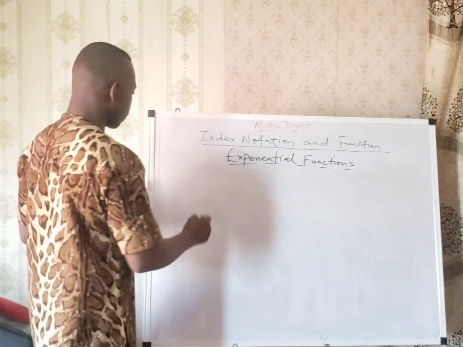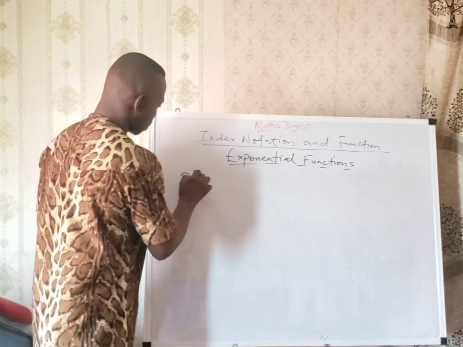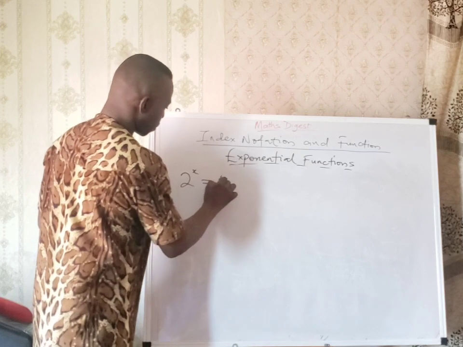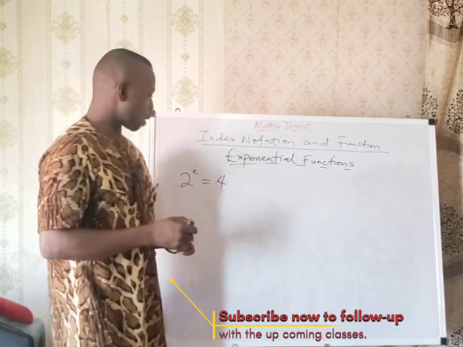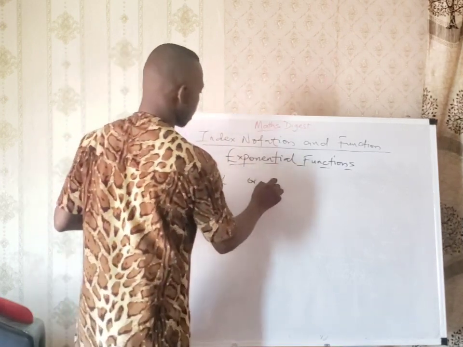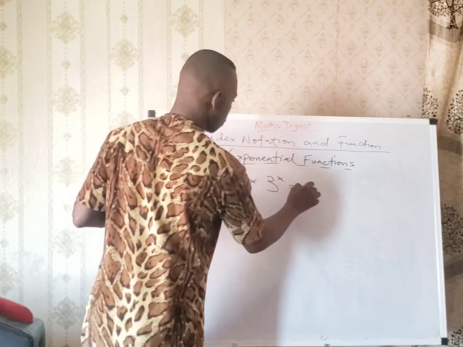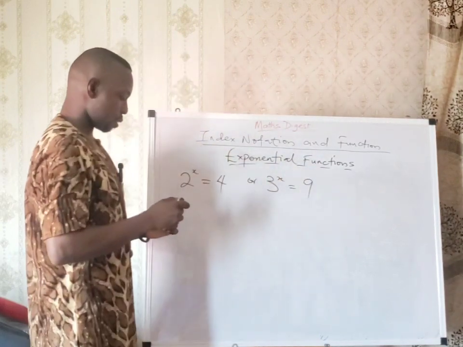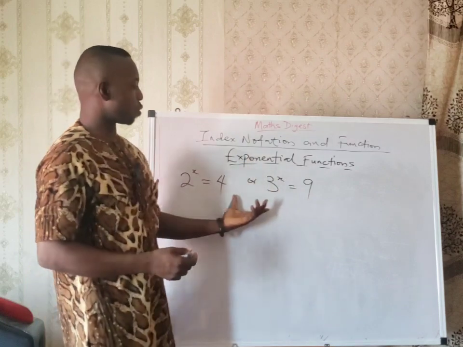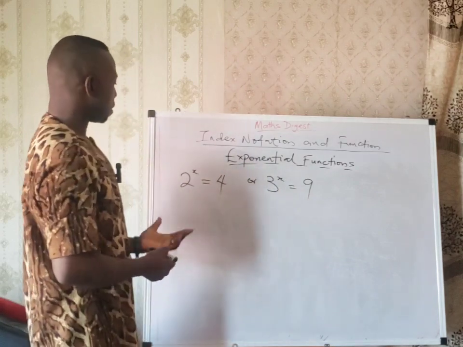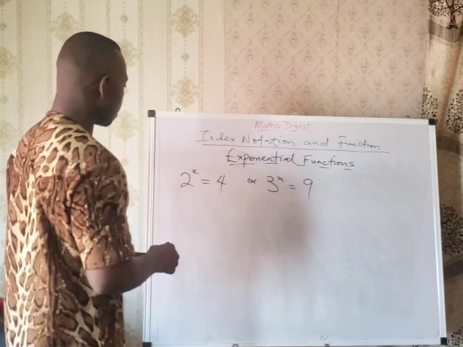For instance, if we have 2^x equal to 4, or you may also have 3^x equal to 9, for instance. So this is called exponential function. You can equally have the unknown at the base.